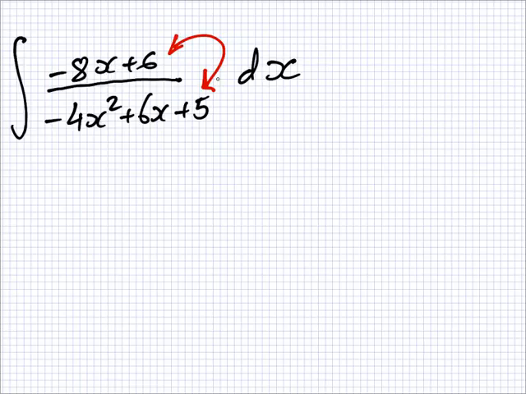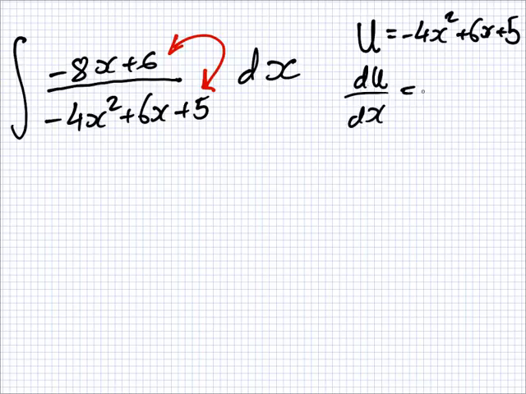That's okay. Now, when you have this situation, when the top is the derivative of the bottom, or the top is a multiple of the derivative of the bottom, so for example, if there was a 2 here, it's still fine, what you do is you let u equal the bottom. So du dx equals minus 8x plus 6.